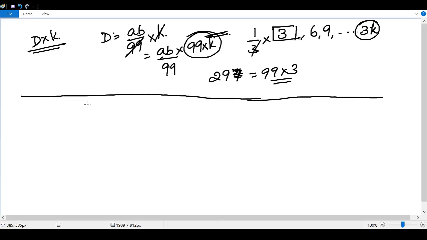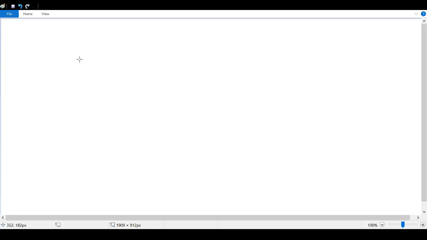Now let's go further. Let's understand quickly what we mean by prime numbers. If you ask someone what a prime number is, they will say prime numbers are numbers which are divisible by 1 and the number itself.